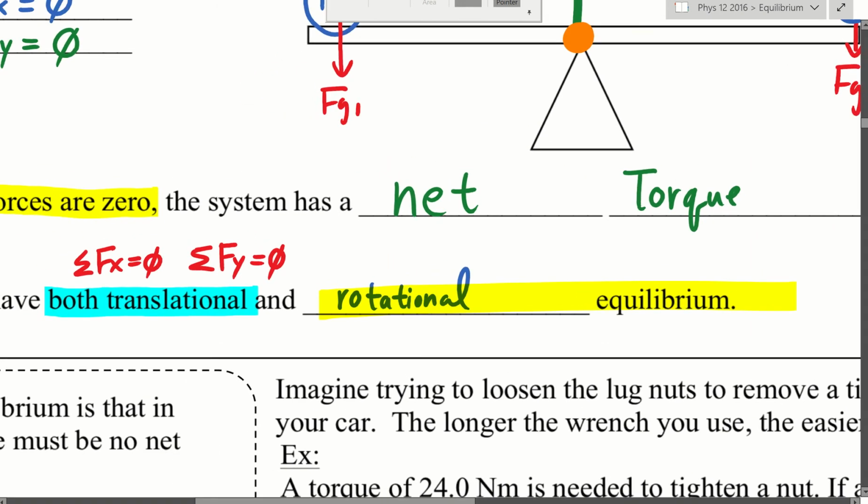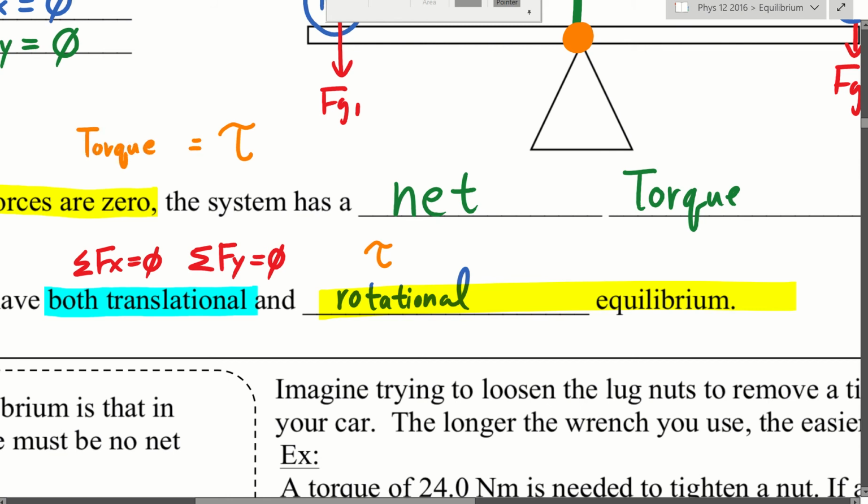So therefore, we are going to borrow a character from another language, from Greek. This is the Greek character for T. Technically it's written like this, and this is torque in the equation.